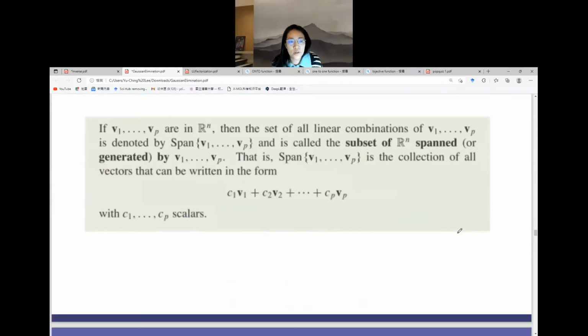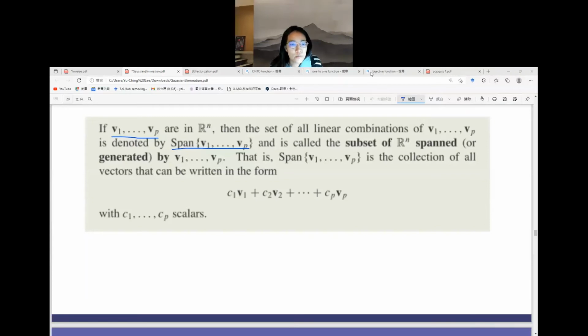Next, finally, we are able to define what a span is. If I have V1 to Vp in R^n space, then the set of all linear combinations of V1 to Vp. Here it says linear combinations, meaning the result of linear combinations.